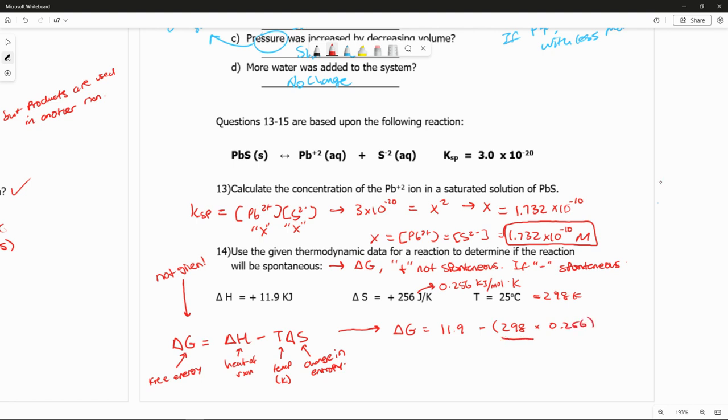When we solve for this part, we get 11.9 minus 76.288, and our delta G is going to end up as negative 64.388 kilojoules per mole. Since there's a negative, we know that it is spontaneous. That is our final answer, and we are done.